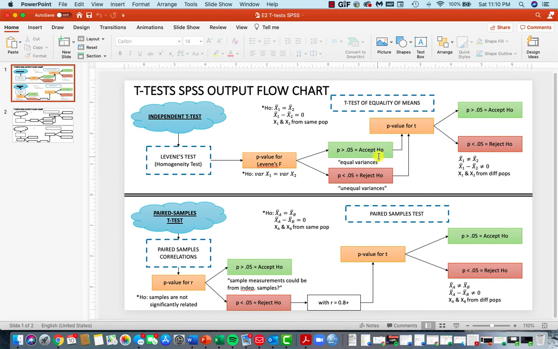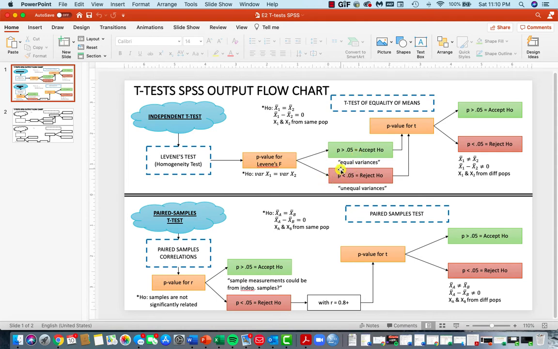We can assume that we have equal variances, which is the assumption that we're trying to prove. So in this case, a p-value greater than 0.05 is really desirable, because that means we've collected a pretty good sample.